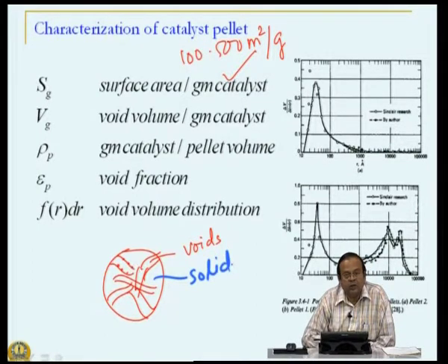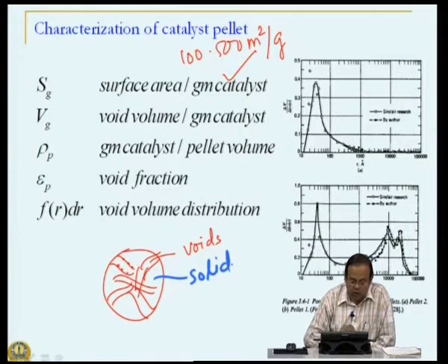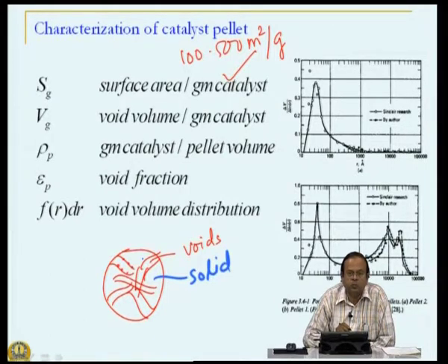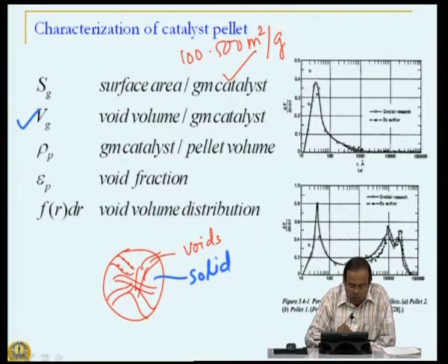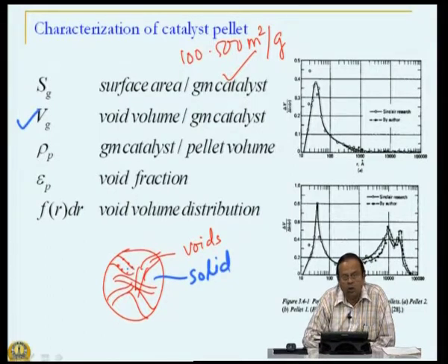So, the catalyst actually consists of both these things. The quantity of interest therefore is not the total volume of this catalyst pellet, because if it is a solid block, total volume has no meaning because there is no space for gas to flow. So, what is of importance is the void volume. So, we have void volume Vg, which is all this volume that is available for gases to flow through per gram of catalyst.